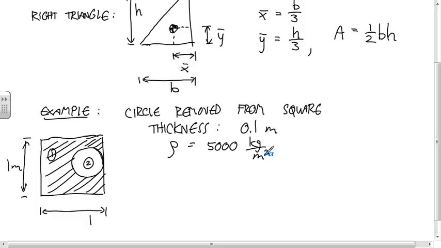Anybody remember what the density of water is? 1,000, yep. So this is denser than water, so it's something that'll sink. Anyone remember? Are you disputing that? You don't believe that? I thought you were just going to be like, we'll have to agree to disagree on that.